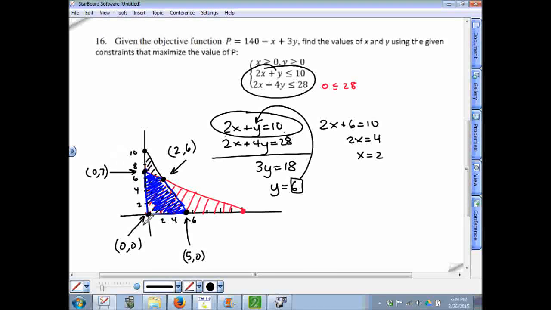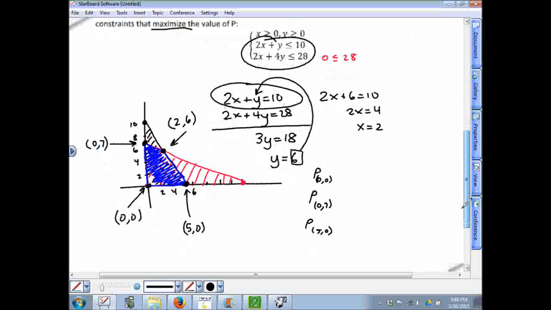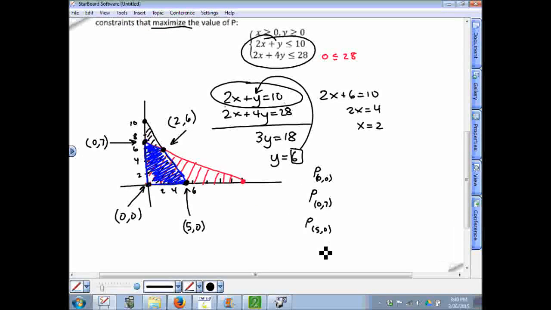Now that you have the location of all four vertices, you plug their coordinates into the objective function, and the objective is to maximize the value of p. So you have to figure out the value of p at each of the vertices: 0, 0; 0, 7; 5, 0; and 2 comma 6.